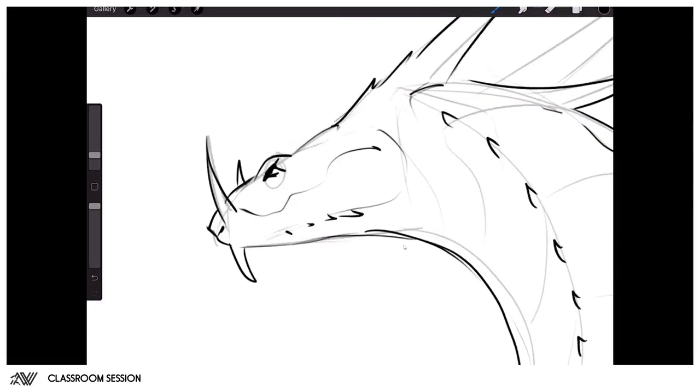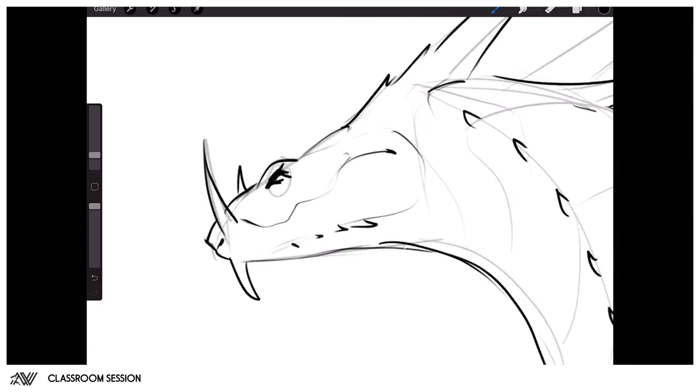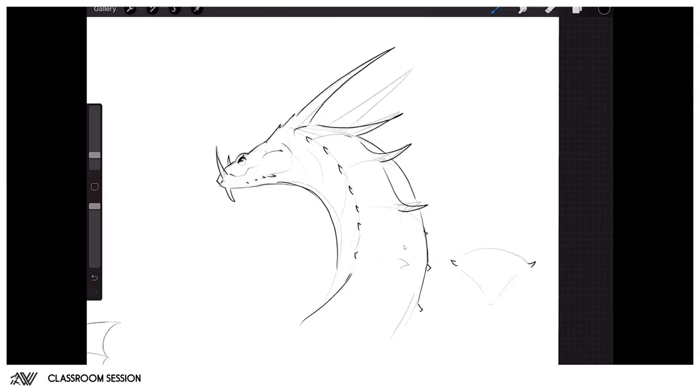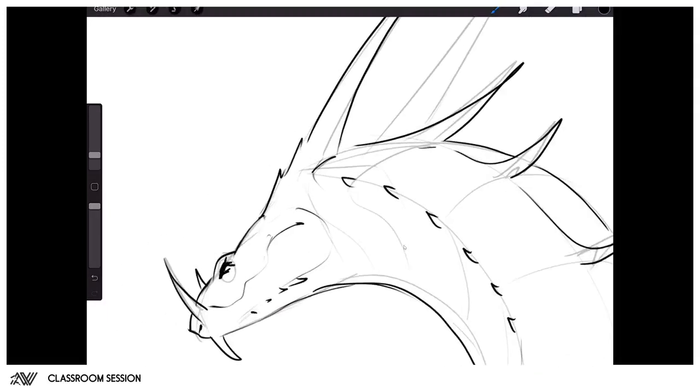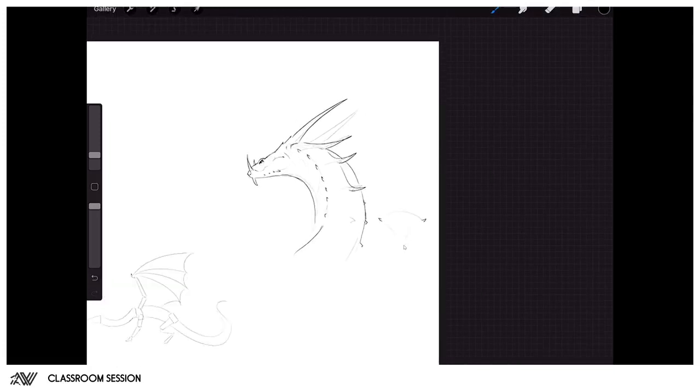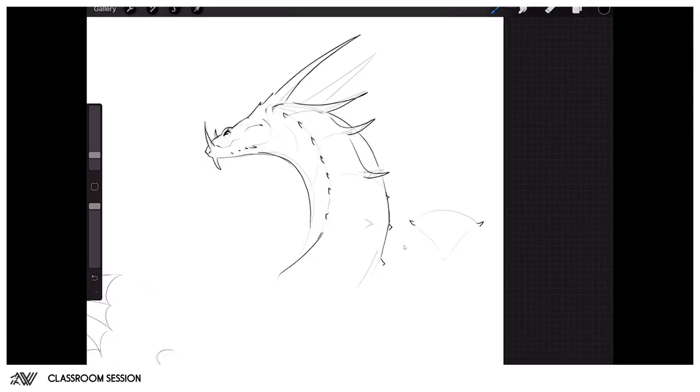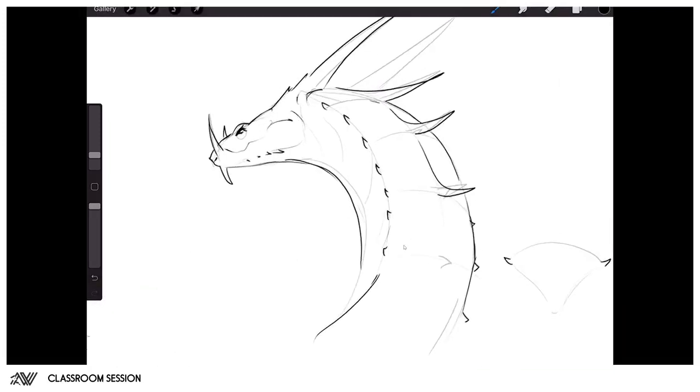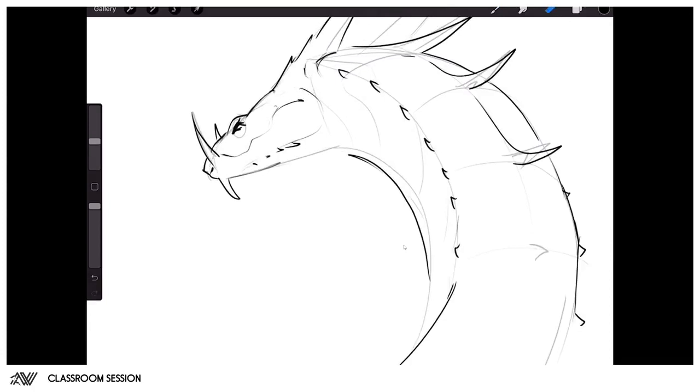And we can add more horns. You know. And once you understand those simple shapes, you can basically start manipulating whatever you want. Of course, it takes a lot of practice. It takes a lot of, you know, just having drawn these animals.